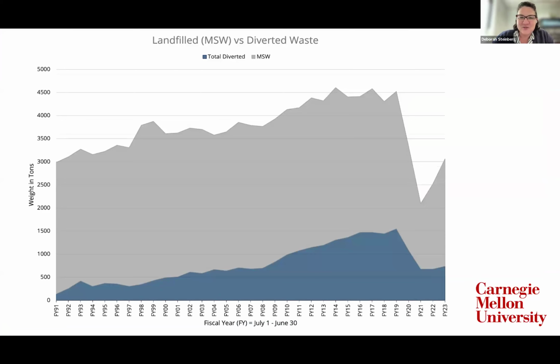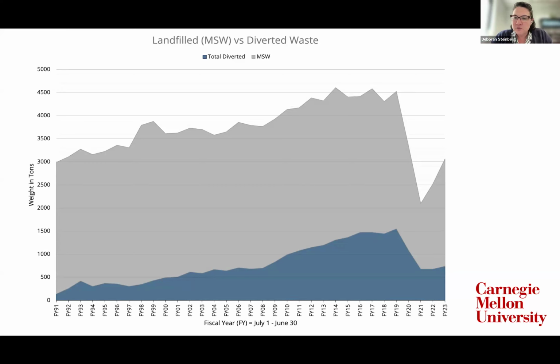So as many of you saw, this chart is our chart of diversion. The gray areas are our municipal solid waste, our landfilled waste, and the blue is how much we are diverting. As many of us saw, there was a pretty steep drop off during the pandemic as our campuses were pretty empty. And hopefully many of you are seeing an increase back to previous rates of diversion.